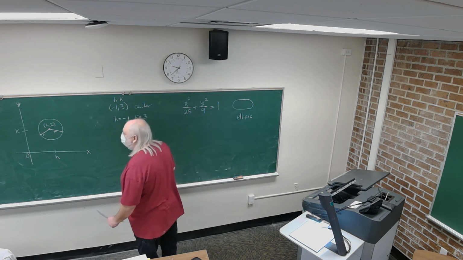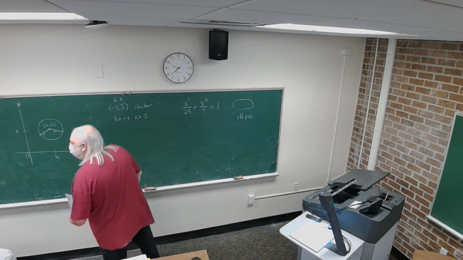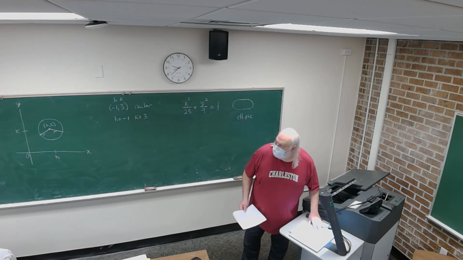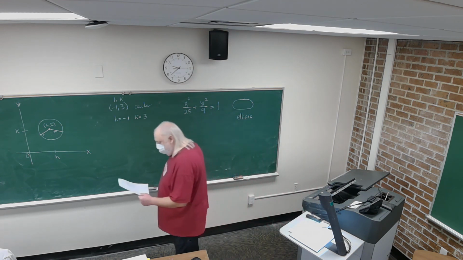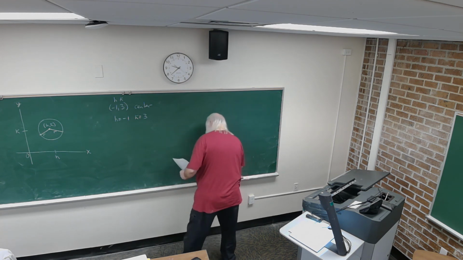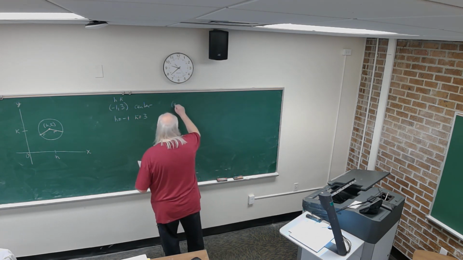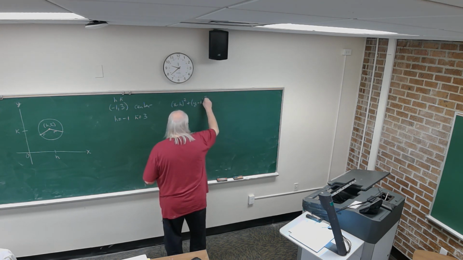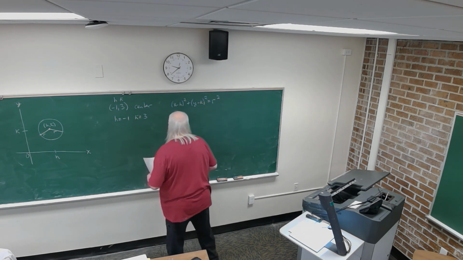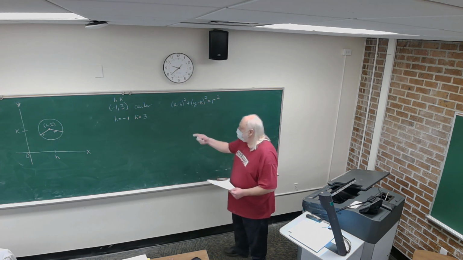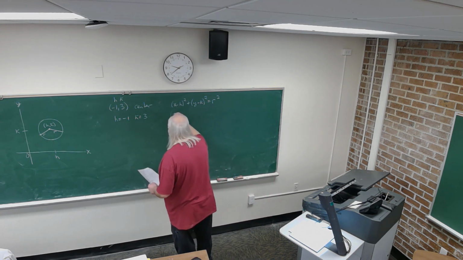So, standard form for the equation of a circle is (x minus h) squared plus (y minus k) squared is equal to r squared. So h is -1 in this case, so we have (x minus -1) squared.